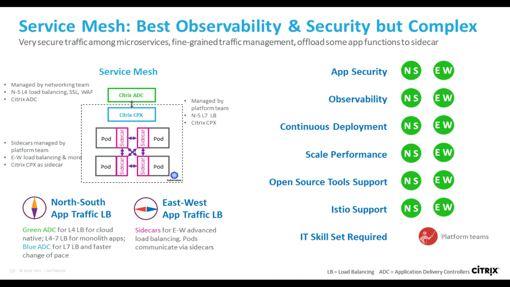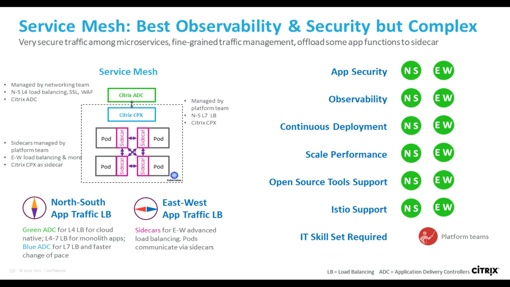But please make no mistake, the performance is dependent on what kind of sidecar you are using. There are some sidecars in the market which can add up to 6 milliseconds of latency, but if you use Citrix CPX as a sidecar, your latency could be close to 1 millisecond. But also be aware that if you're using this architecture, it adds 2 hops of latency.